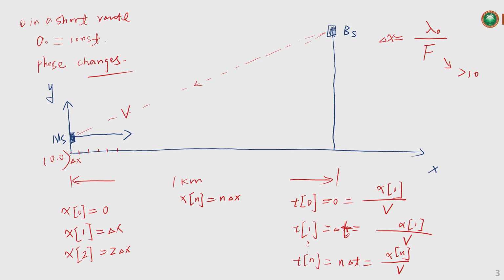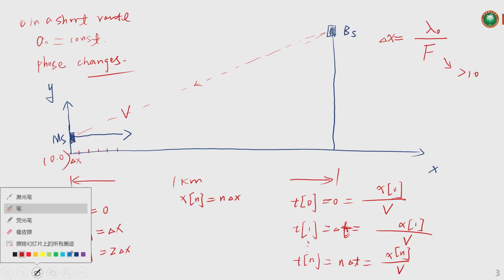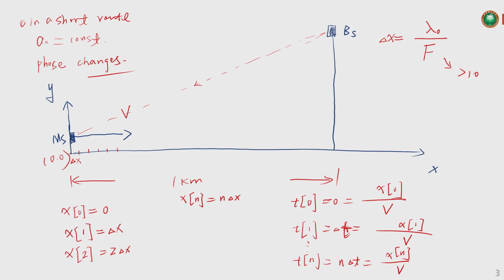Now the first part, in the distance domain, is related to the distance between the mobile user and the base station. When the mobile user moves to here, its distance is d n.